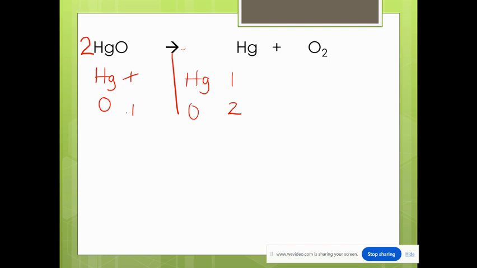So I've got to go down here and reestablish my inventory. Now, that took care of my issue with oxygen. But what did it create as a problem in the process? Problem with the mercury. So now I need 2 mercuries. I'm going to put a 2 here. Go back and double check my inventory. Everything's balanced now. So that is a balanced equation.